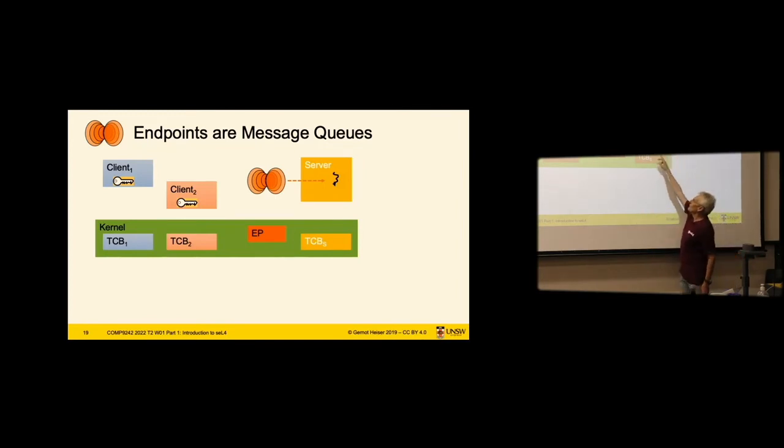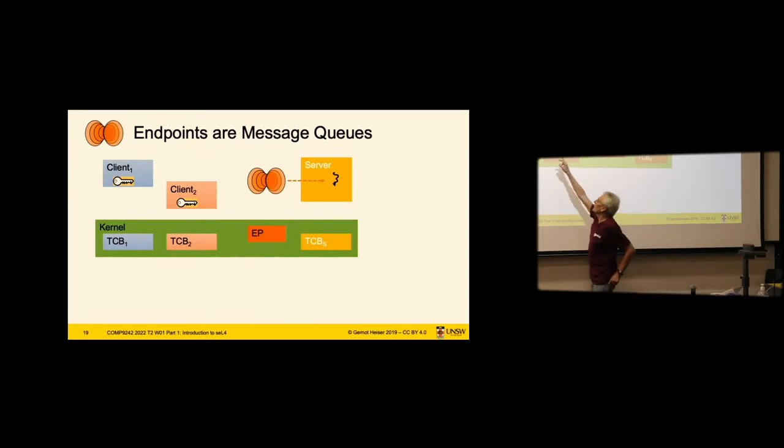So the server has a thread control block that represents the server thread. The server may or may not have a capability to its own thread. It doesn't need to have it, but someone who manages that server will have to have the capability. The server definitely needs a capability to this endpoint object because that's what it needs to receive from the endpoint.